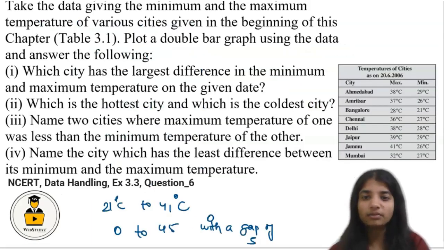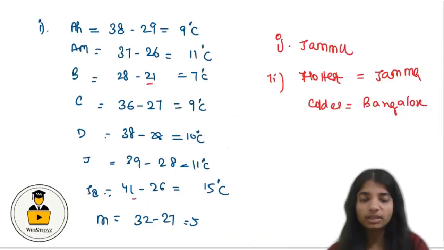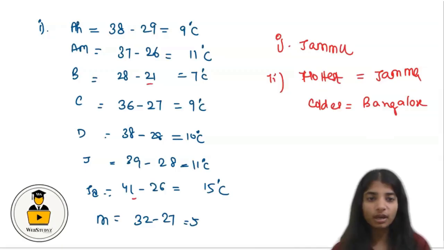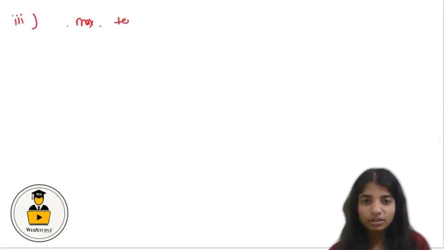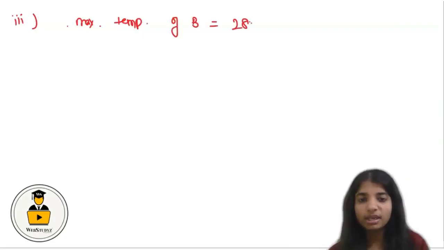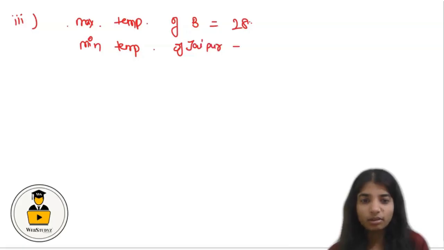Next is the third part. In the third part, we have to name two cities where the maximum temperature of one is less than the minimum temperature of the other. So in the third part, the maximum temperature of Bangalore is 28 and the minimum temperature of Jaipur is 28.